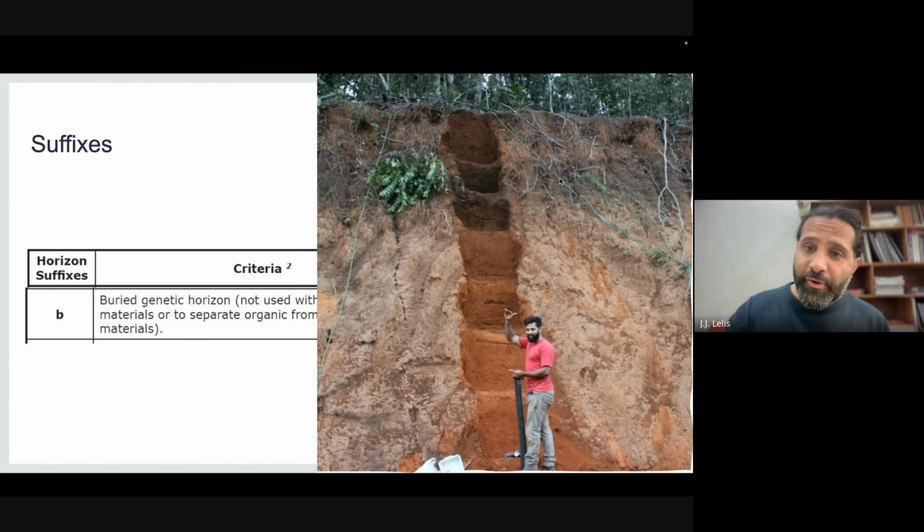So to differentiate this past surface horizon from the modern A horizon that's at the surface, I use the letter B, okay? You need to consider that this letter is only used for horizons and layers that were buried, okay? So some horizons are not buried in the beginning, but they can be buried after that. For example, a B horizon.